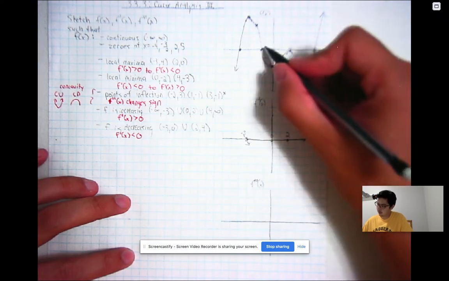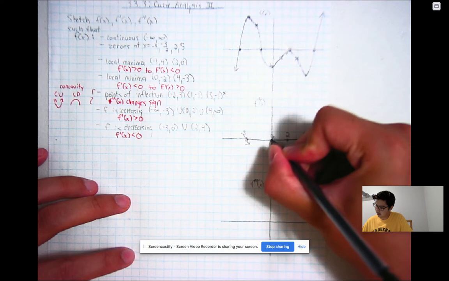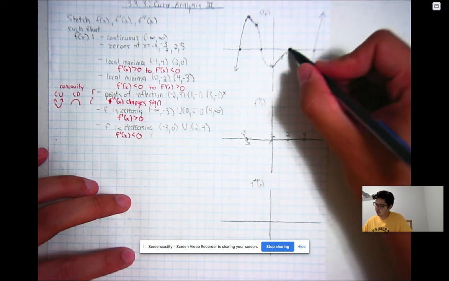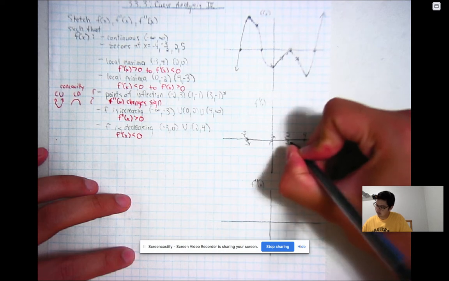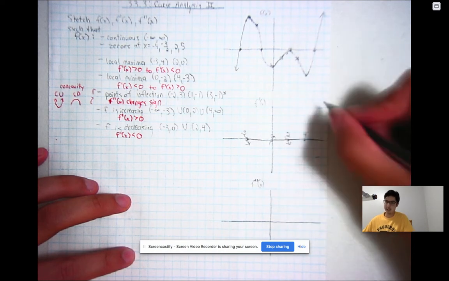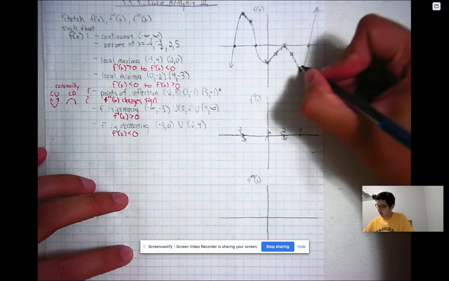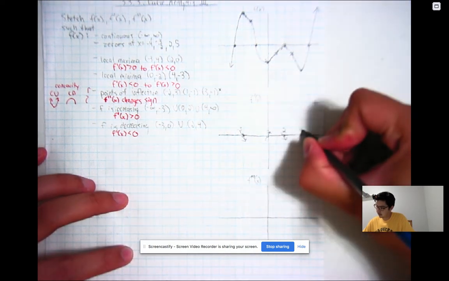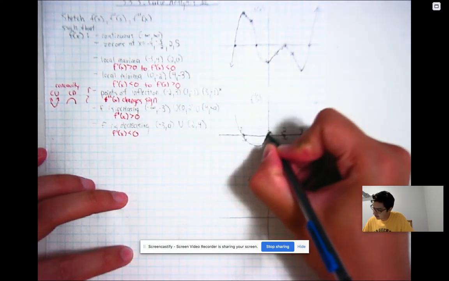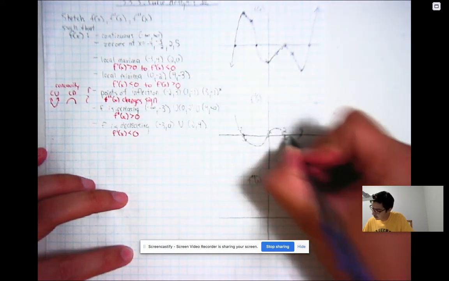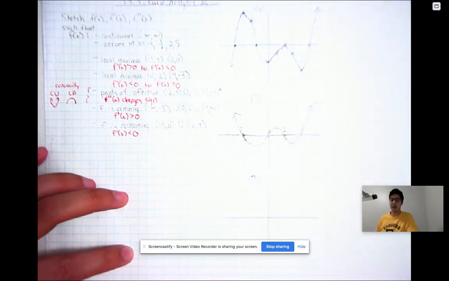At 0, the slope is going from negative to positive, something like that. At 2, it's going from positive back to negative. And then at 4, it's going from negative to positive again. So a sketch of this graph would look something like so. And there is f prime of x.